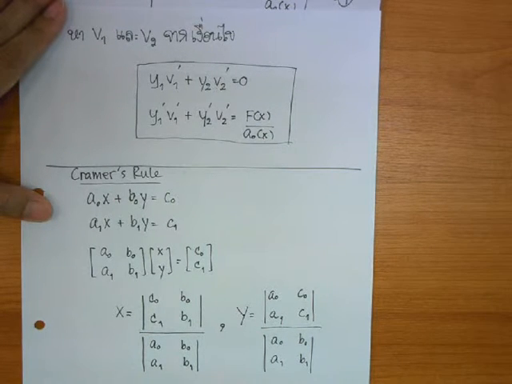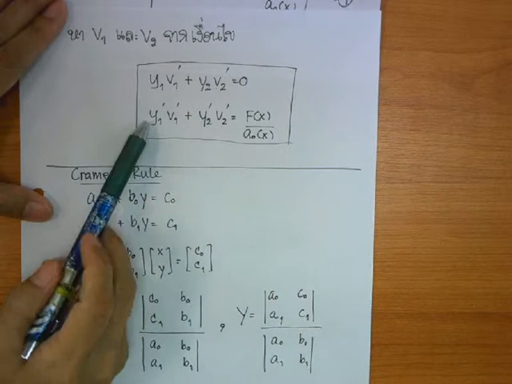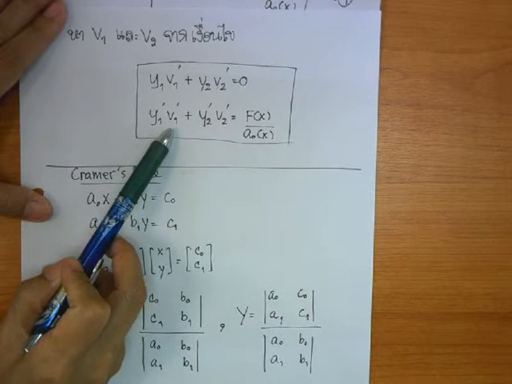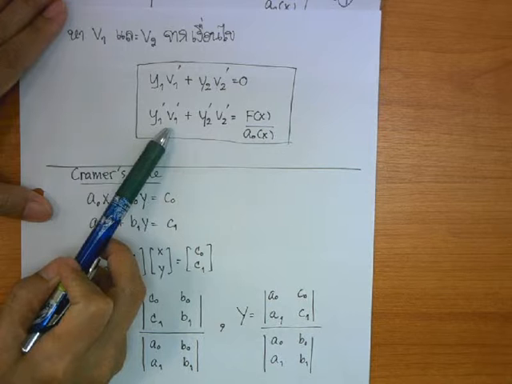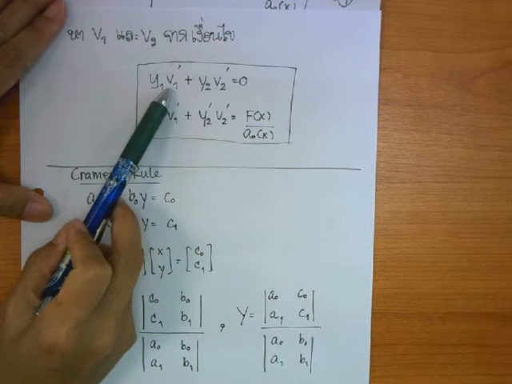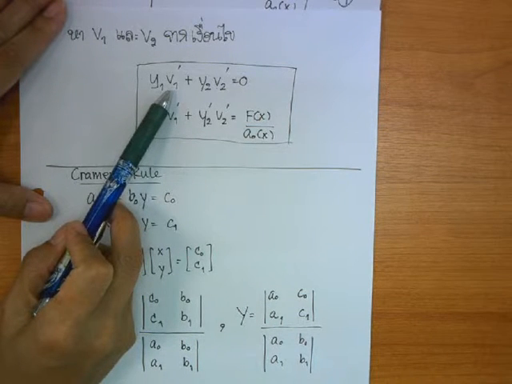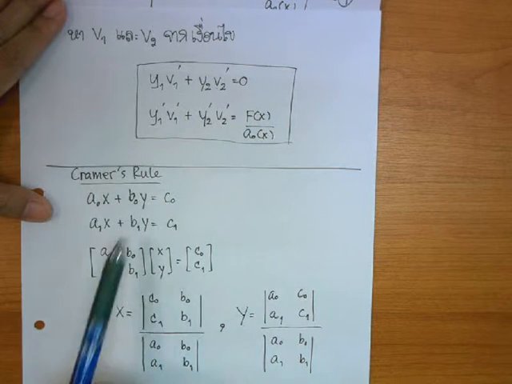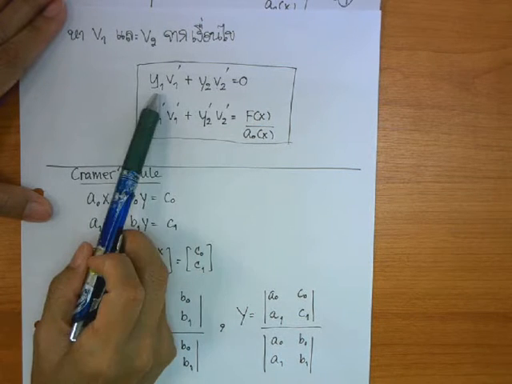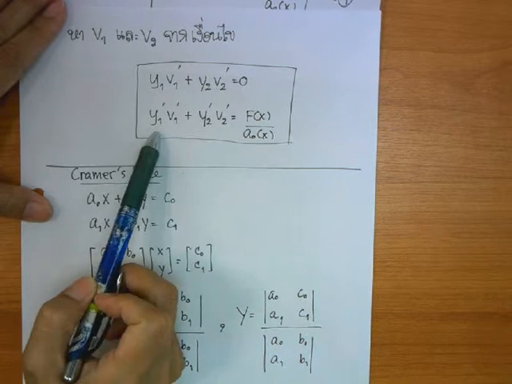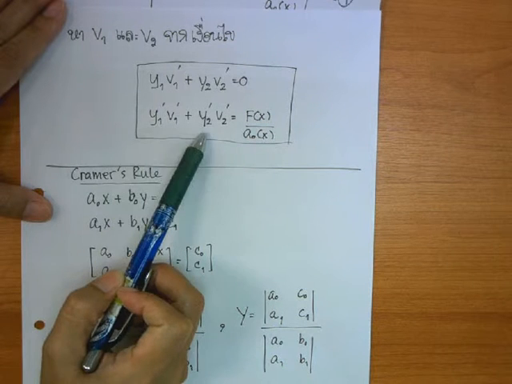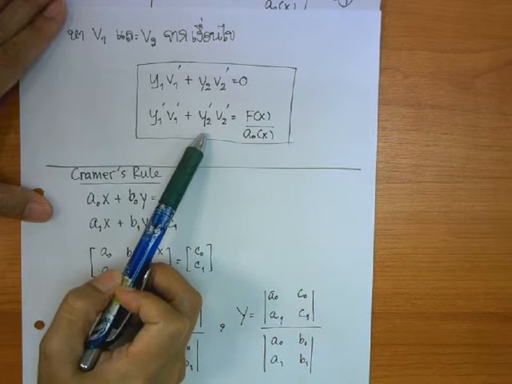Now, if you take a look at our equations, if you want to find the first derivative of v1, then you just do exactly the same, because y1 and y2, and the first derivative of y1 and the first derivative of y2, you know those functions, right?